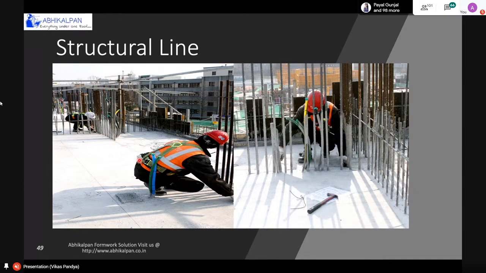One is the panel line, where we erect the panel, and the other is an offset line of around 400 or 500 mm. Mainly this line is used to check the verticality of the panels after erection of the entire formwork system. So two lines are advisable to create on the site.